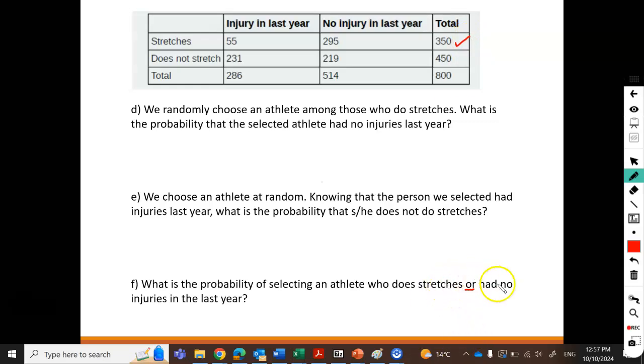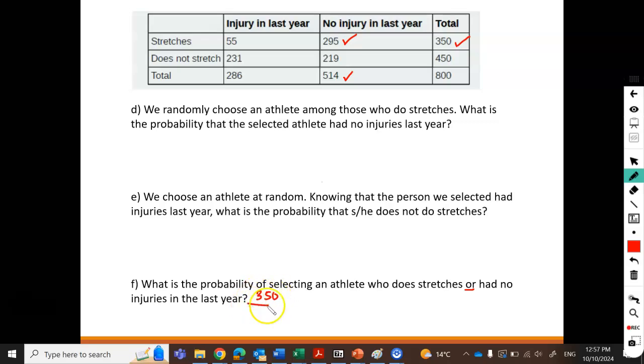Then the probability of an athlete who had no injuries last year, which is 514 out of 800. And then we subtract the intersection, the athlete who does stretches and had no injuries, which is 295.